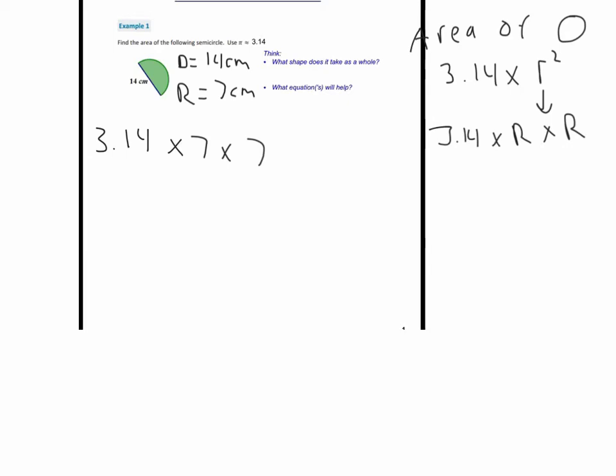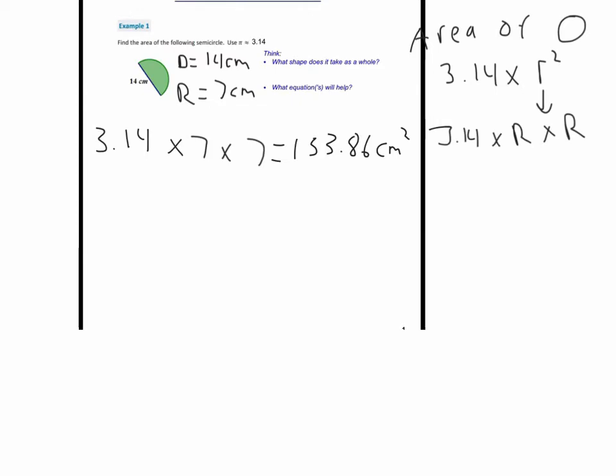When you do 3.14 times 7 times 7, you get 153.86, and it's centimeters squared. Okay, which means that there's 153.86 square centimeters in our circle.